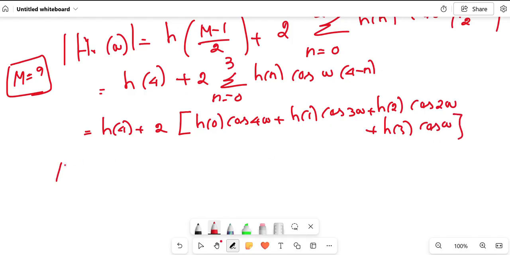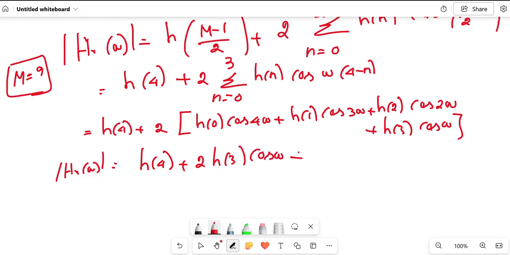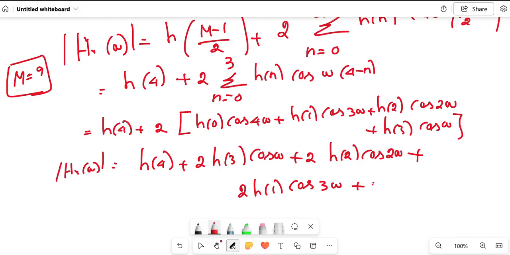So, the magnitude response is h of 4 plus 2 into h of 3 into cos omega plus 2 into h of 2 into cos 2 omega plus 2 into h of 1 into cos 3 omega plus 2 into h of 0 into cos 4 omega.